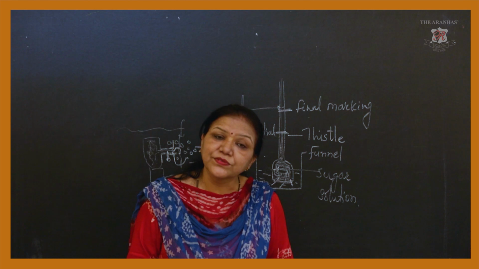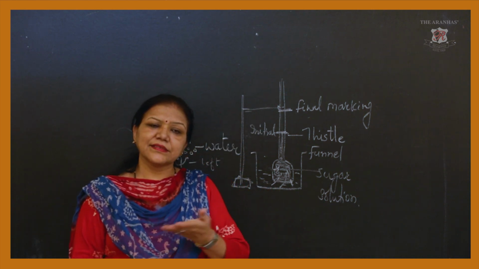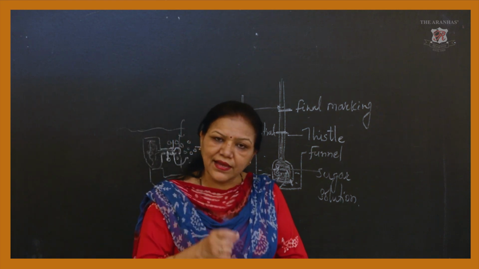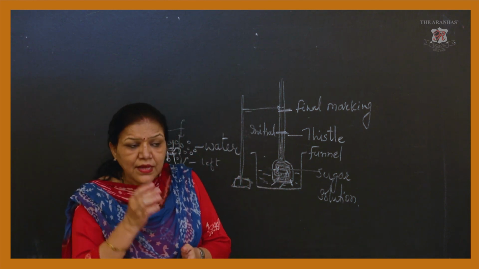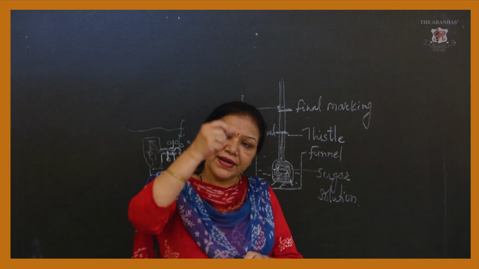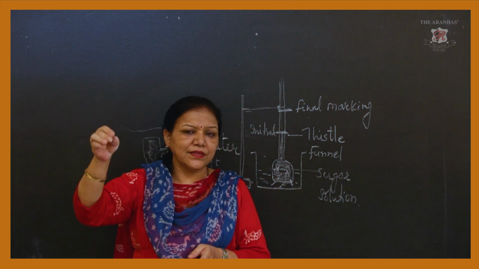These vascular tissues are xylem and phloem. When we cut the stem, we can see the inner, soft part is the xylem and the outer part is the phloem. Xylem takes water from the root and provides it to the leaves.